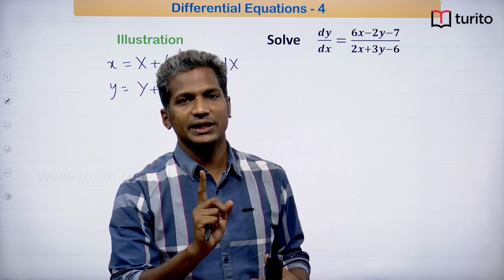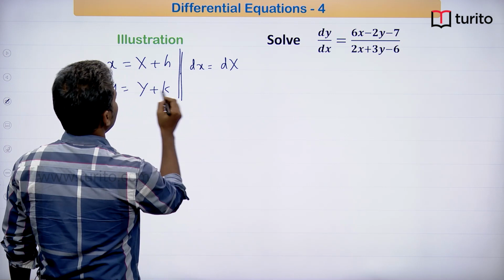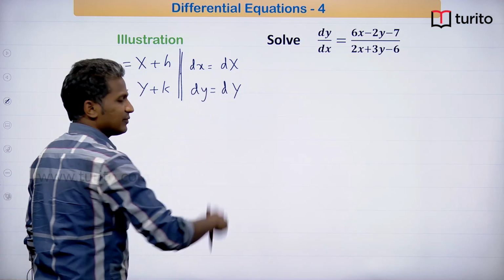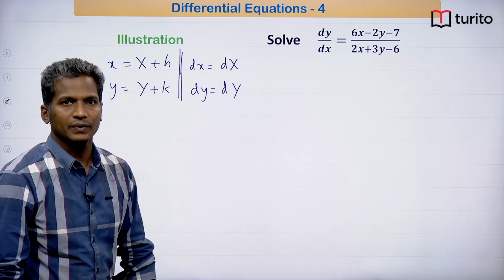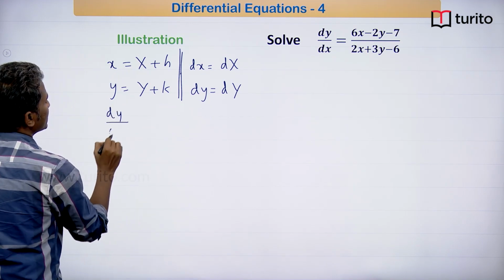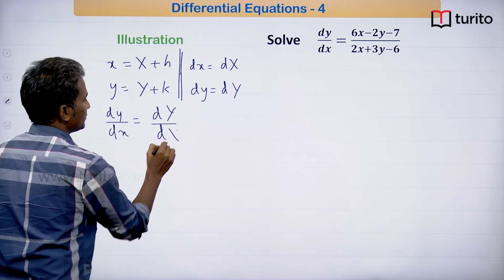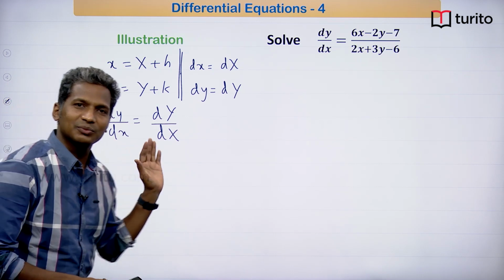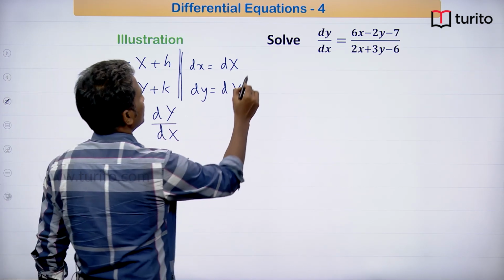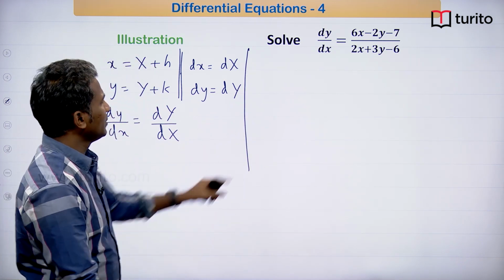There is no change in h. So, d of h is 0. Okay. Similarly, here differential of small y is the same as differential of capital Y, which also could mean that dy by dx is nothing but dY by dX. In the LHS we have small letters, in the RHS we have capital letters. Okay. Now, this is one basic conceptual understanding. Now, let us go there.